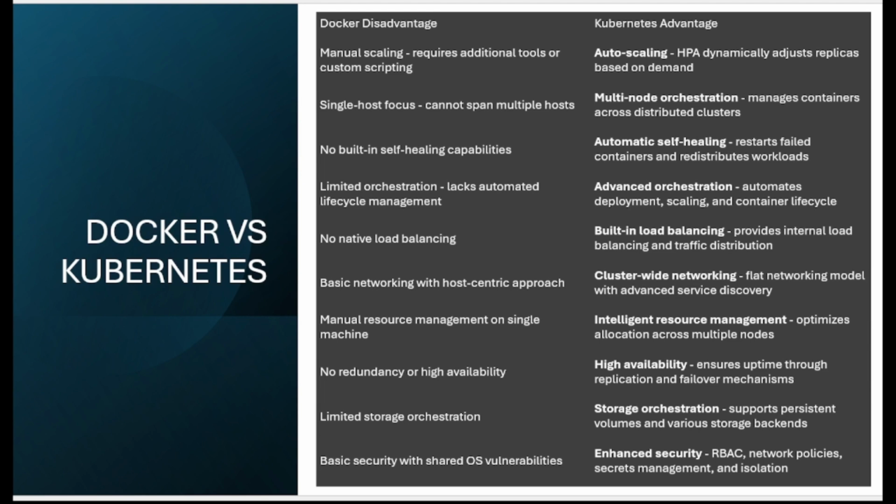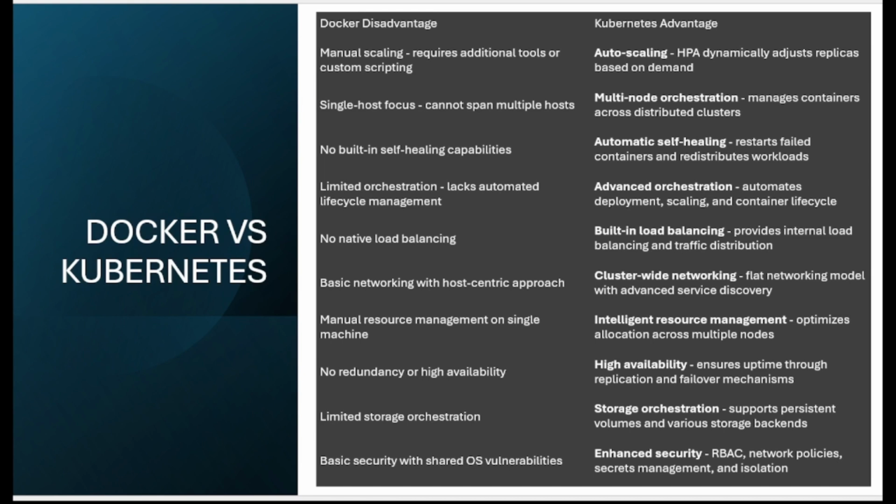The network will be changed. But in Kubernetes, the advantage is that advanced service discovery is available such that all the containers, whatever they may use, can be in the same single network. That is the advantage.